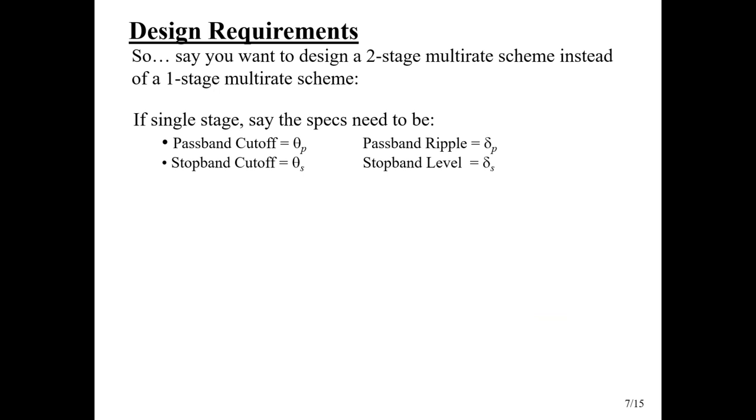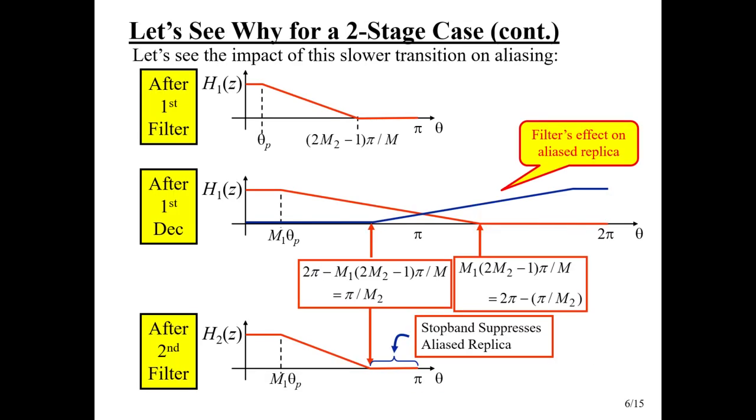I should have mentioned, let me go back here. Notice that the passband of the first filter, its effective position after the first decimation, gets stretched out to M1 times theta P. That's why when we design our second filter, again, this should not be a Z there, that's where we put it. Remember I said that the passband stays constant. That's relative to Hertz.